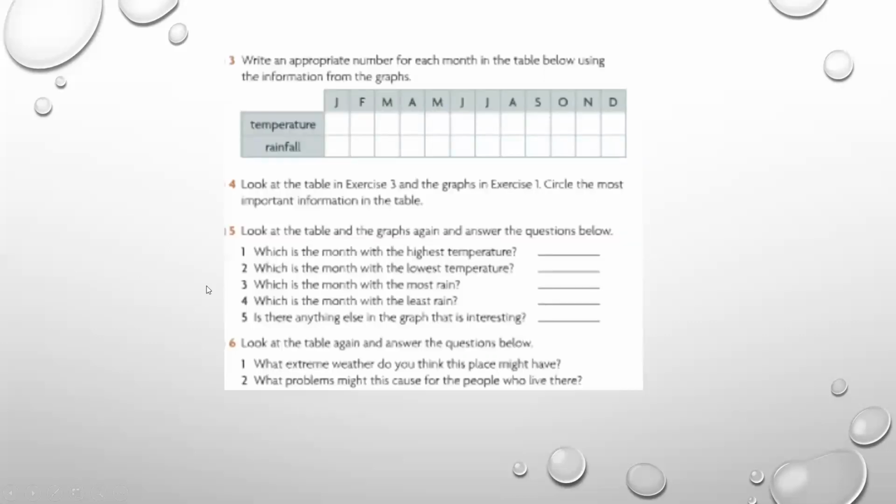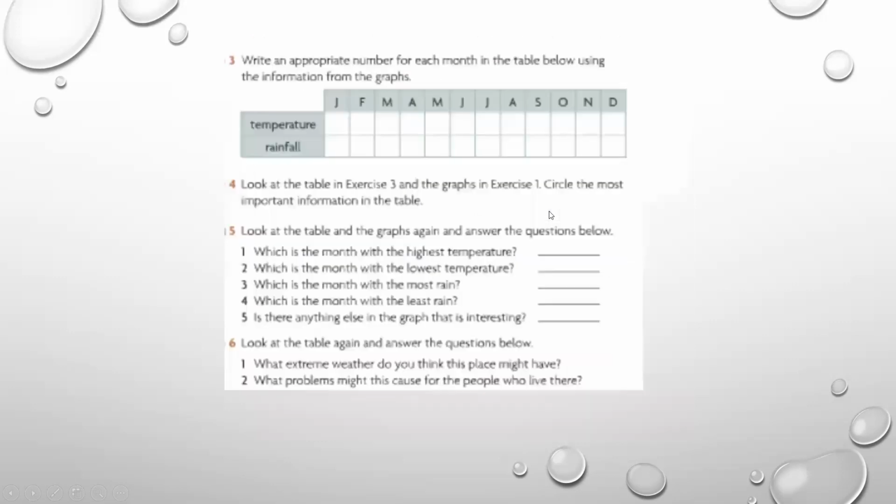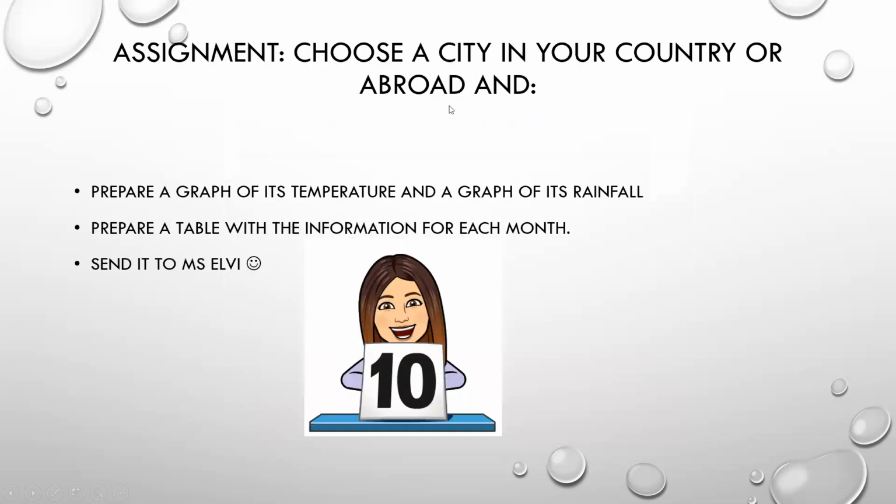I repeat and I explain. Choose one city. For example, I choose Rome. I make a graph about the rainfall, a graph about temperatures. Then I make a table with the data, and after that I send it to myself.